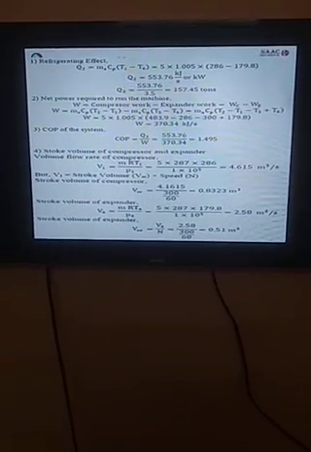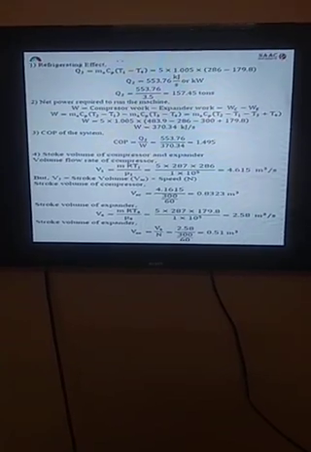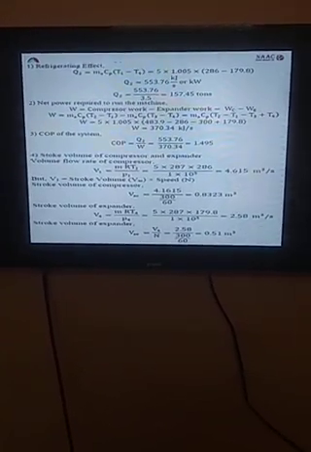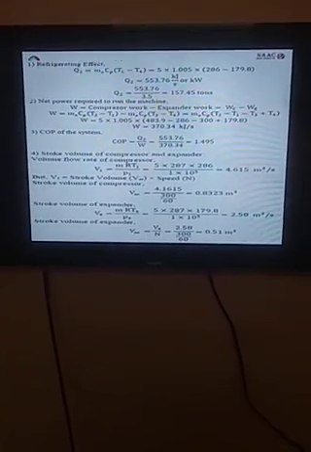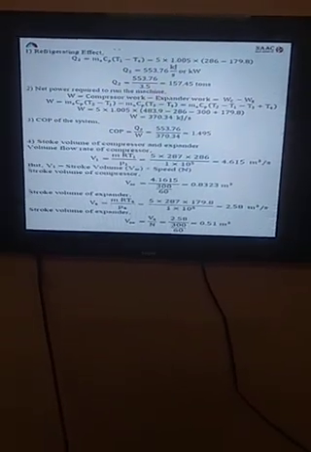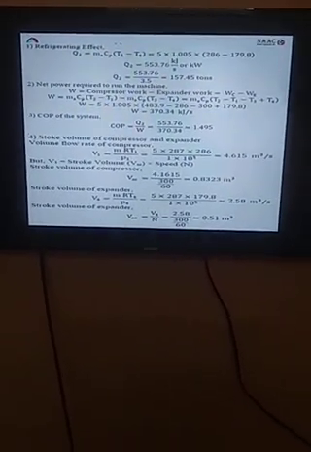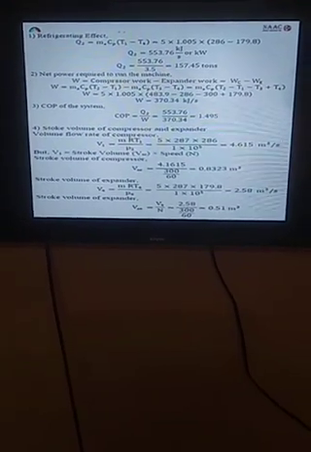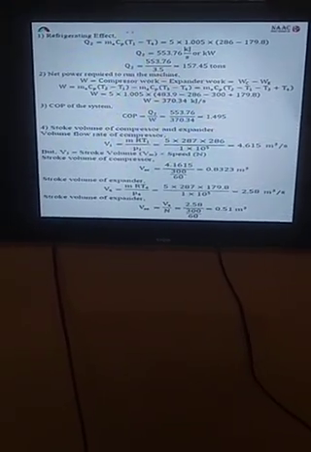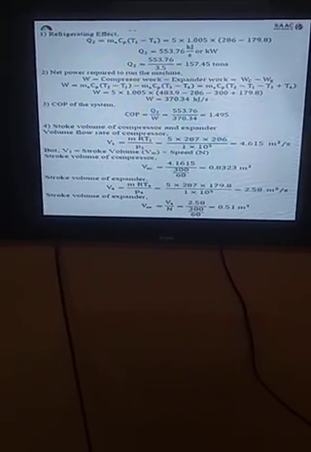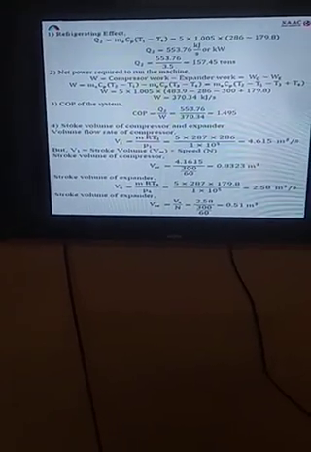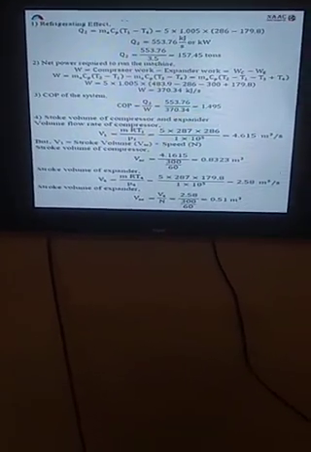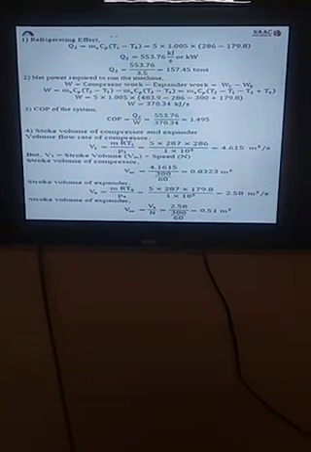The V1 volume can also be calculated by the formula called stroke volume multiplied by the speed. Here in this particular example, we need to calculate the stroke volume of the compressor. So the stroke volume of compressor, nothing but V suffix Cs, is equal to V1 divided by the speed.